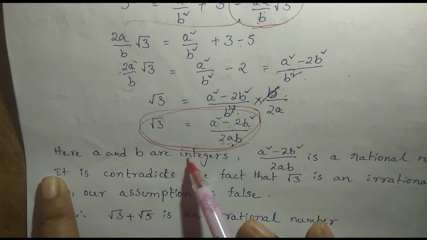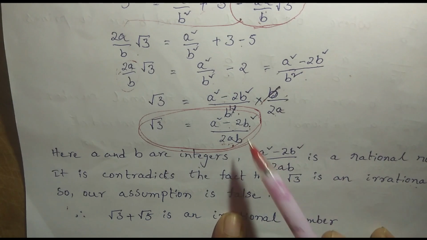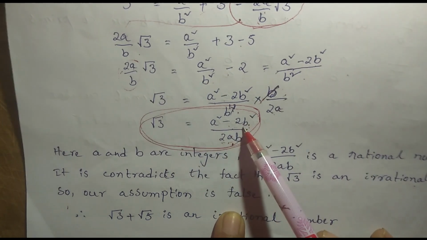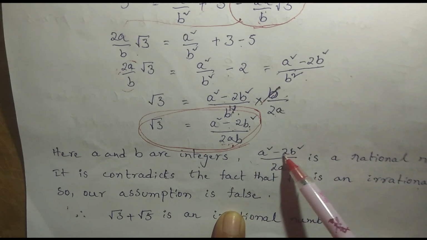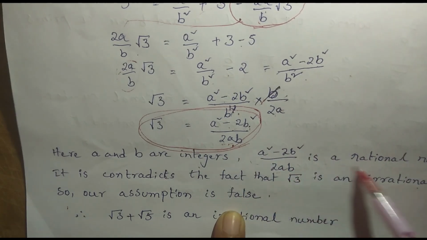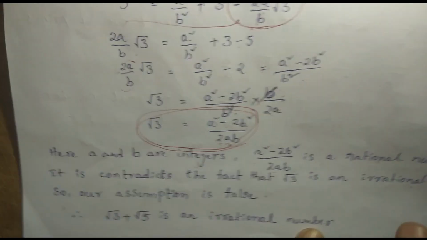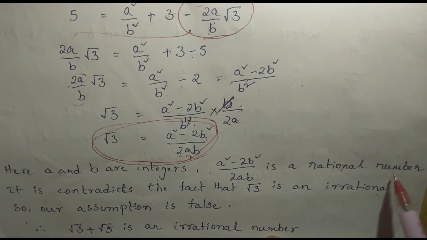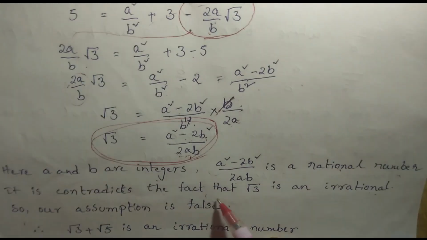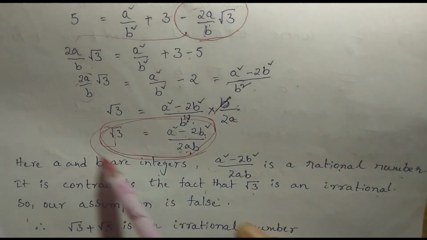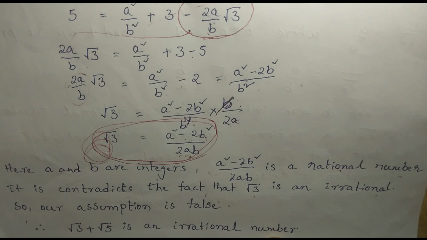Here a and b are integers, so a squared minus 2b² is also an integer and 2ab is also an integer. Therefore a squared minus 2b² by 2ab is a rational number. This contradicts the fact. What is that fact? √3 is an irrational number.